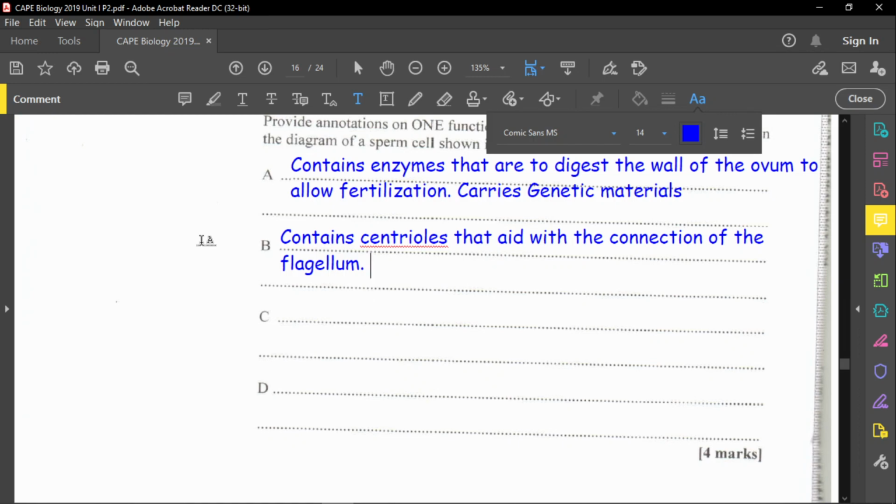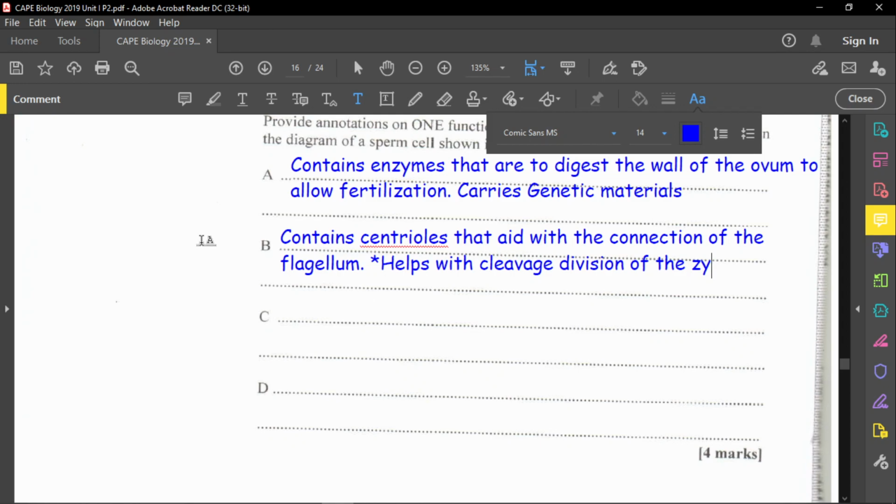Not only that, the centriole will also help with the first cleavage furrow in the zygote. Once the zygote is formed, the centriole that is there will help with cleavage division of the zygote.